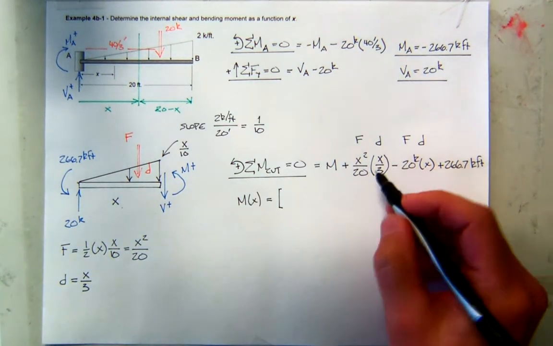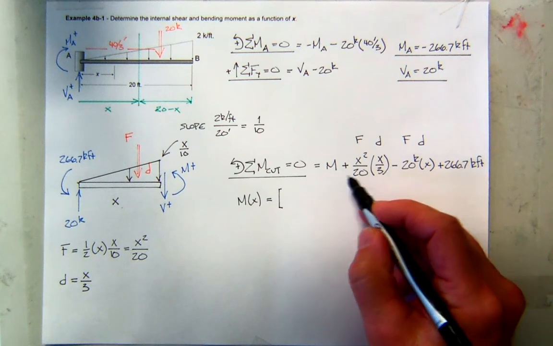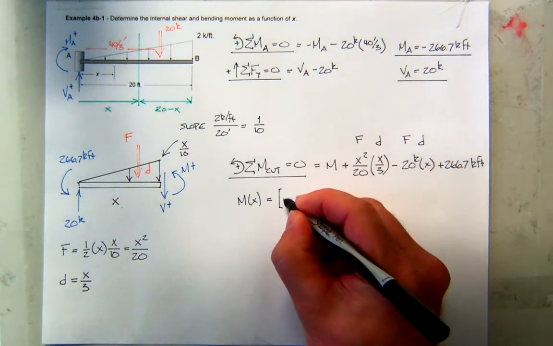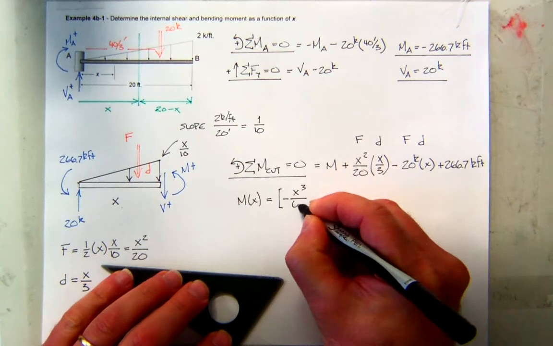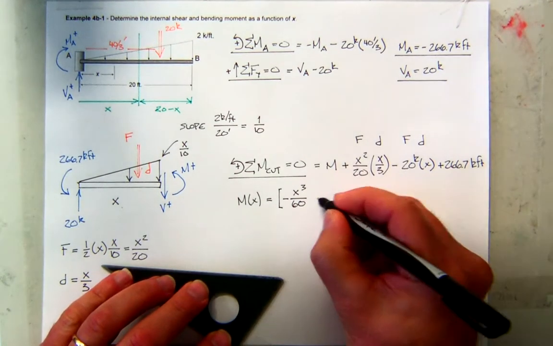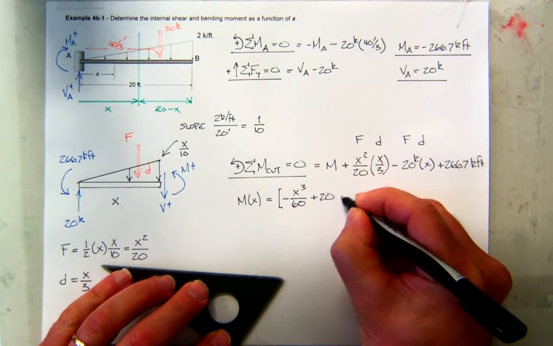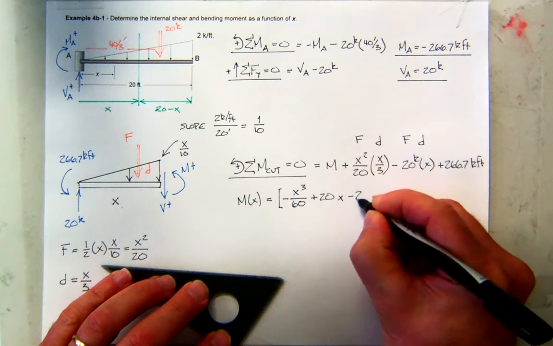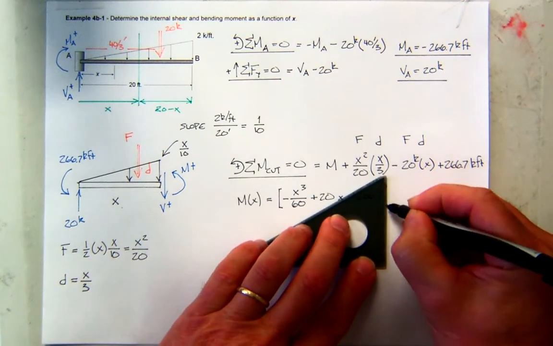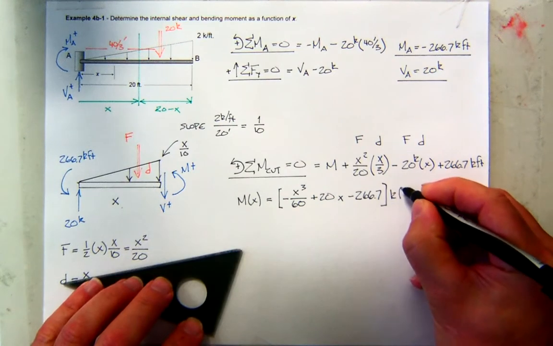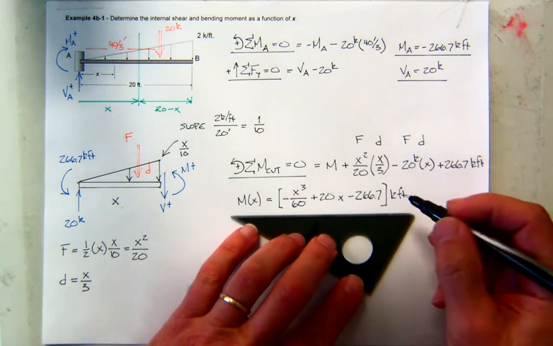So looking at this one, this is going to be x cubed over 60, and it'll go to the other side of the equation, so it'll be negative x cubed over 60, then plus 20x minus 266.7, bracket, my units are kip feet. So there's my equation for moment.